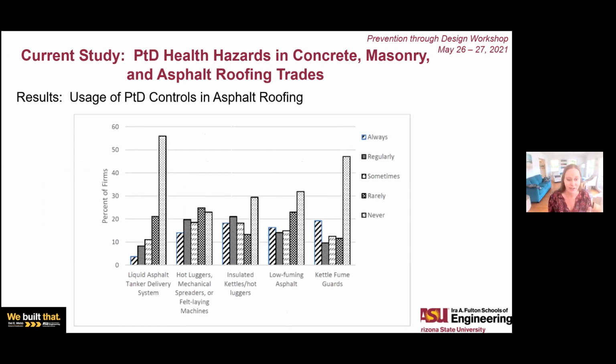So we had a tanker delivery system, insulated hot luggers and mechanical spreaders, some mechanical systems to do the application on the rooftop, insulated kettles and hot luggers, low fuming asphalt, and kettle guards. And you can see that very few of these respondents are using these systems. As I said, 77% of the work is not using any controls.